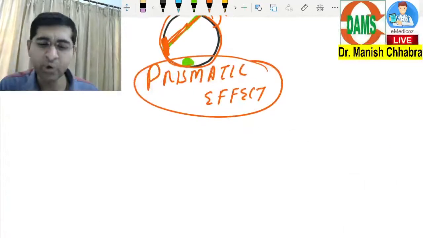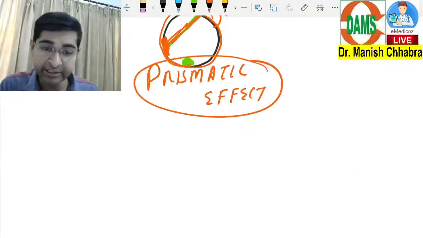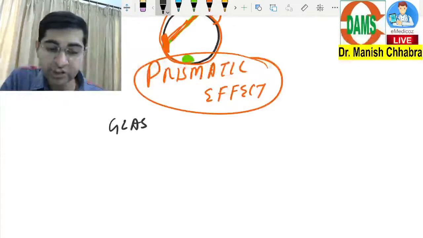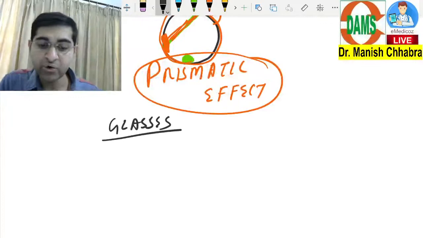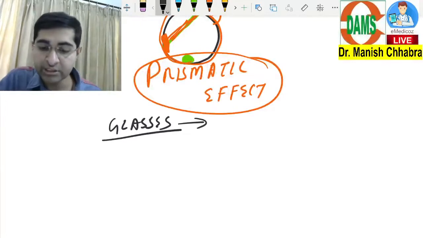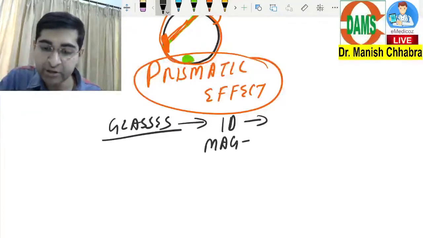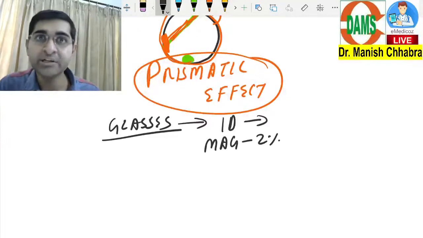Now another point I want to tell you is about the glasses which are prescribed. In glasses, for every 1 diopter of power that we give, there is magnification of 2%.